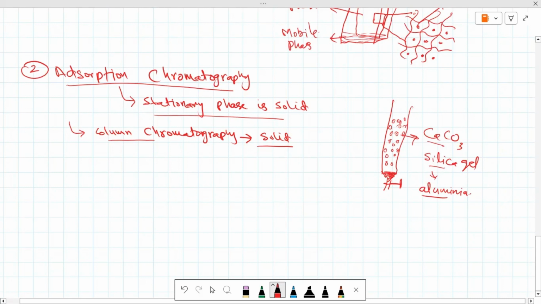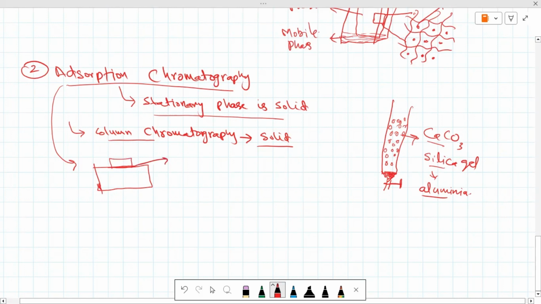Now, what is adsorption? Adsorption is basically attachment. For example, we have these two molecules. These are attached through some chemical bond or through some physical interaction.